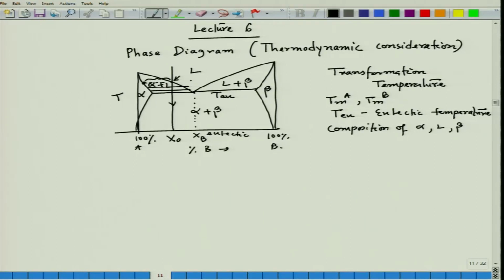For example, if we consider this particular tie line, I could see that alpha would have composition at this point and the liquid would have composition at this point, but the liquid fraction would be this much and solid fraction would be this much.